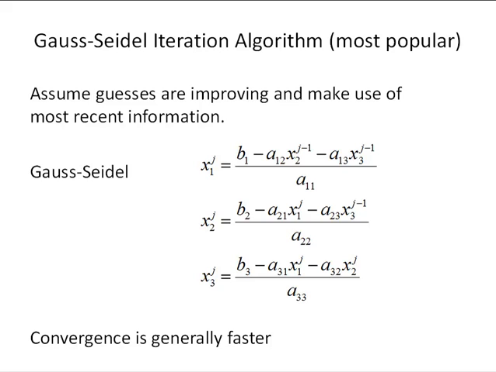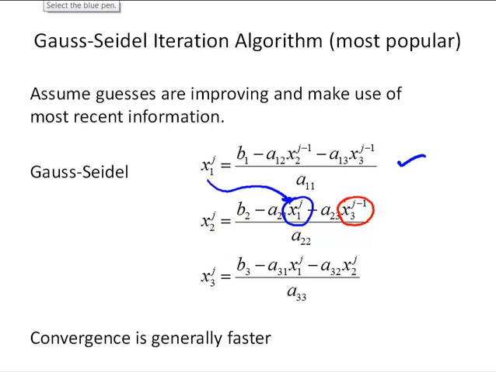The Gauss-Seidel iteration algorithm is a little more popular because it converges faster. What we do is we assume we have a converging solution, so we can assume our guesses are improving, and we can make use of the most recent information for each guess. As we calculate this first equation to get our new guess for x1, we take that result and plug that in before we calculate x2. So x2 will use the new guess for x1 along with the old guess for x3.